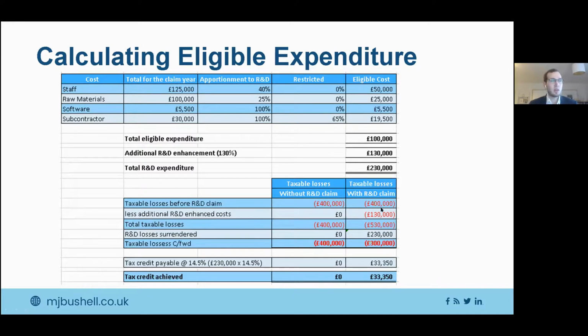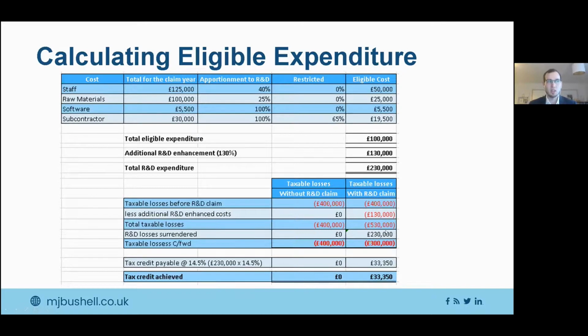So to show you how this works, in this right-hand column, you'll see the £400,000 of losses. You'll receive the additional £130,000 of enhanced R&D costs, which then gives you £530,000 of taxable losses.